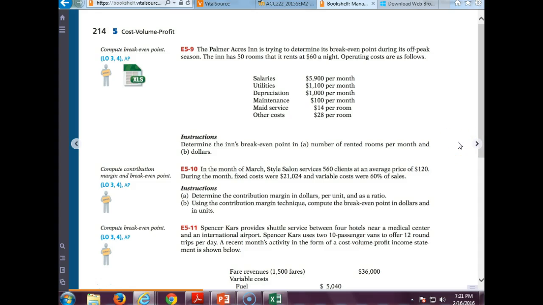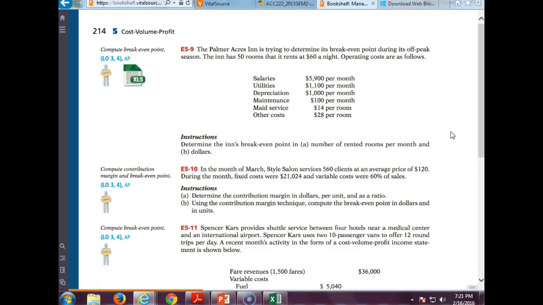E59. The Palmer Acres Inn is trying to determine its break-even point during its off-peak season. The inn has 50 rooms that it rents at 60 bucks a night. Operating costs are as follows. Salaries, $5,900 per month. Fixed or mixed, or fixed or variable? Fixed. Utilities, $1,100 per month.